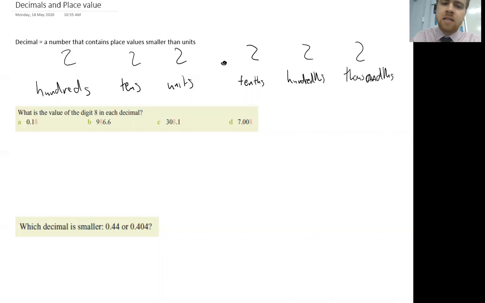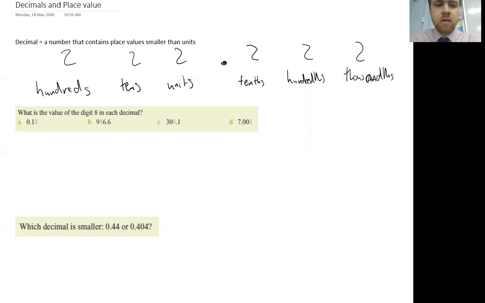The first is tenths, then hundredths, and then thousandths. It's a bit harder to say, especially if you have a lisp. But it's important that we remember these are the tenths, the hundredths, and the thousandths after the decimal point.